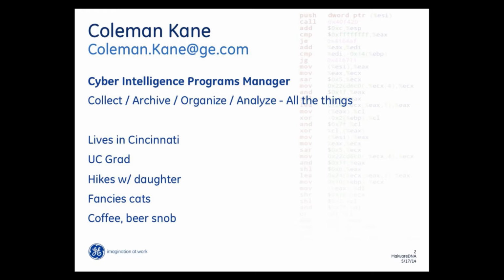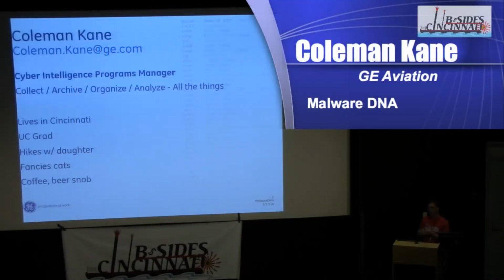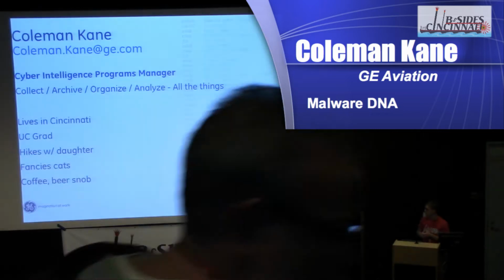I live here in Cincinnati, and as I said, GE Aviation's headquarters is also here in Cincinnati. A lot of us work at the plant site that many of you might have driven past if you were driving down I-75 this morning. I'm a UC grad, so you're at my alma mater right now. It looks a lot different than it did when I went there 10 years ago. I like to go on hikes with my daughter. That's one of my favorite things to do. I have a little 4-year-old.